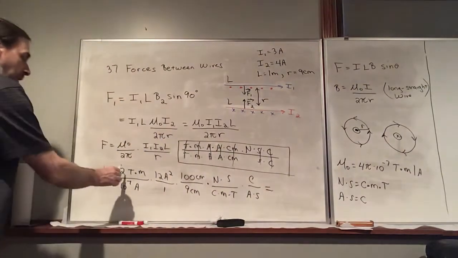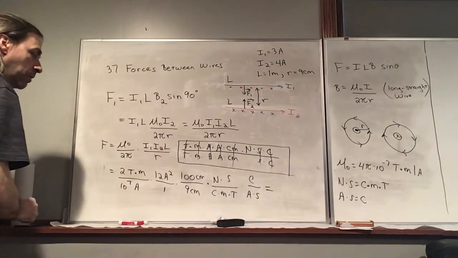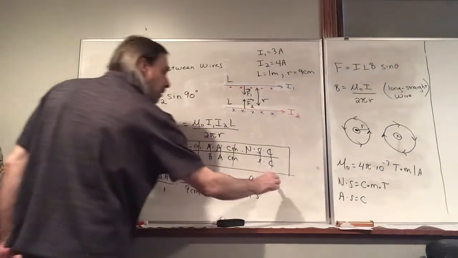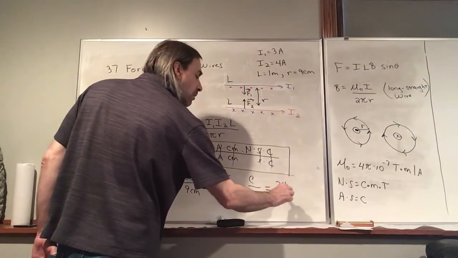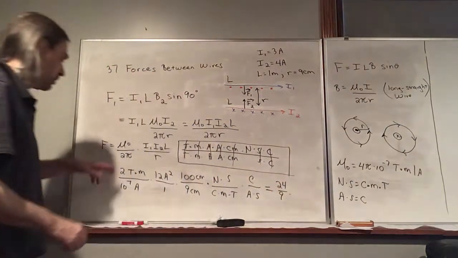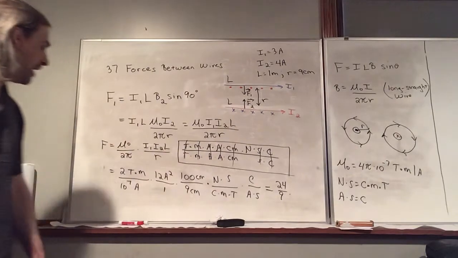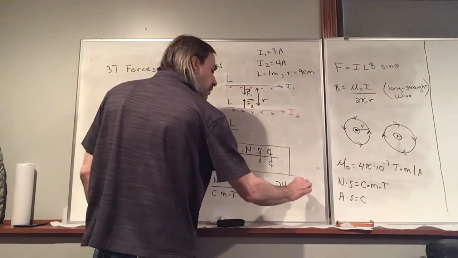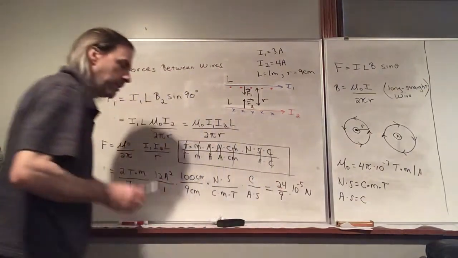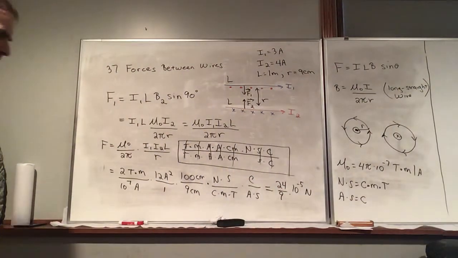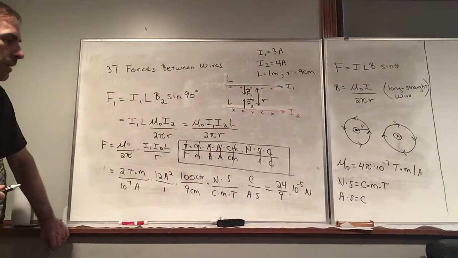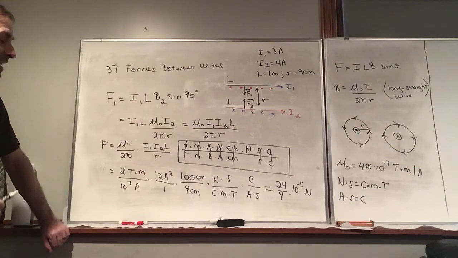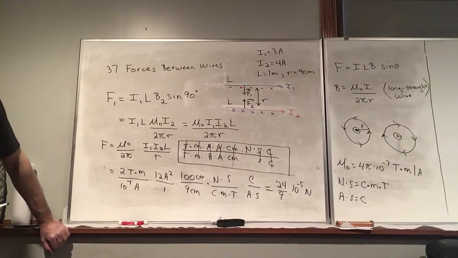Okay. So numerically, we have 24 divided by 9. So that's 2 times 12 over 9. And then we have times 10 to the minus 5th newtons. 24 over 9, that's around 2.7. So times 10 to the minus 5th newtons.